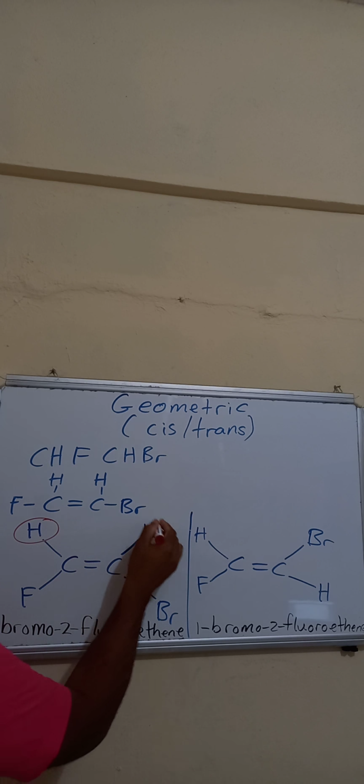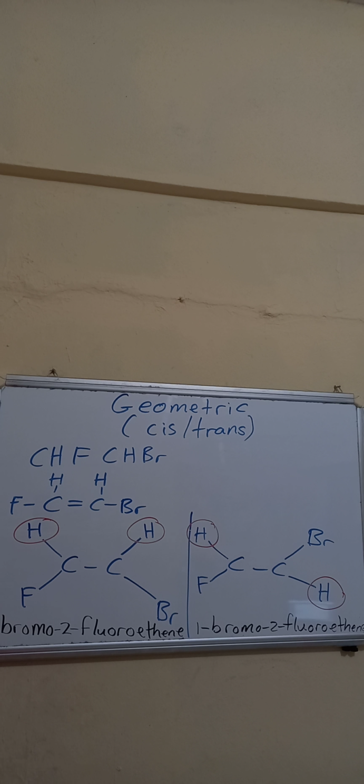So this is why it's an isomer. Now, if it was a carbon to carbon single bond, it couldn't exist as an isomer, because with a single bond the carbon atoms can rotate.